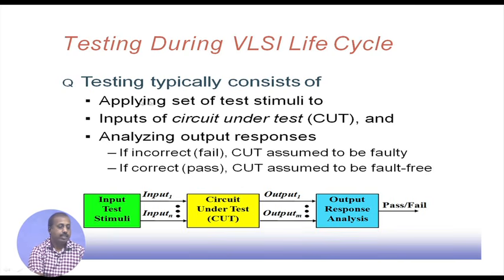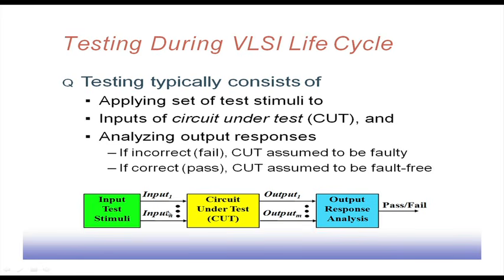So this testing typically consists of applying a set of test stimuli. This circuit may have several types of faults in it, so a single input stimulus may not be sufficient for checking all of them. It may be that one stimulus can excite only say 2 or 3 faults in the circuit.